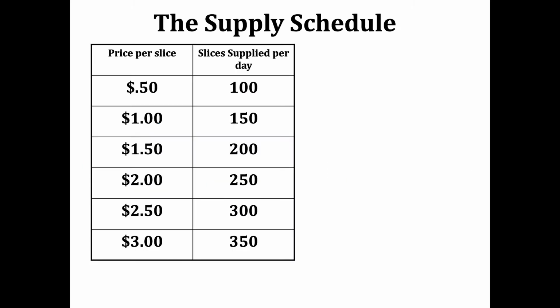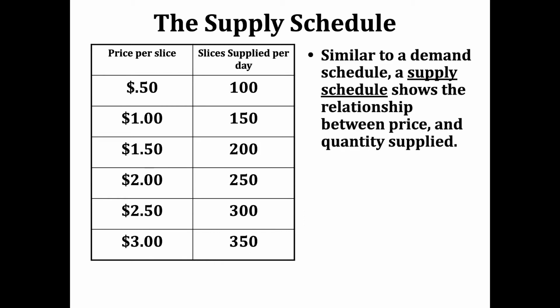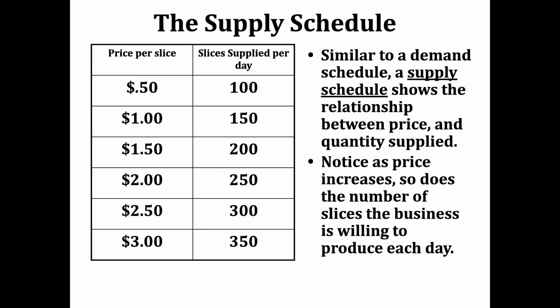All right, now, just like with a demand schedule, a supply schedule shows the relationship between price and quantity supplied. And again, you see the law of supply in action on this supply schedule. Note that as the price rises, so does the number of slices that the pizza maker is willing to produce each day.